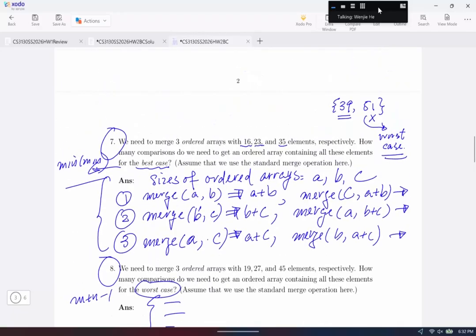In the final exam, for these 2 similar questions, I will change the number of ordered arrays from 3 to 5. 5 ordered arrays. So in that case, you have to use some efficient method.